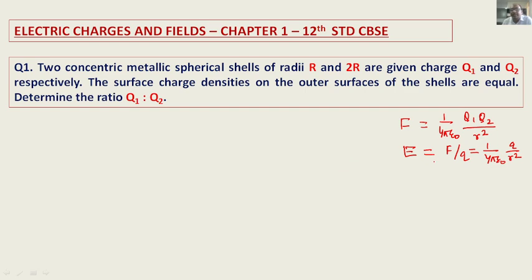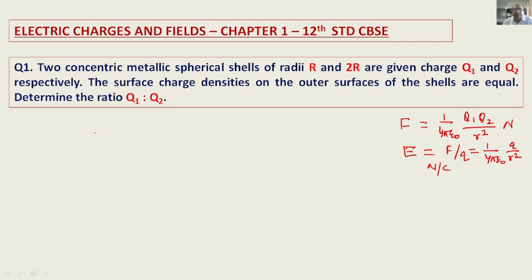We will be utilizing this concept of finding electric field, that's why I am explaining here. Electric field is expressed in the unit Newton per Coulomb, and force is always expressed in Newton.